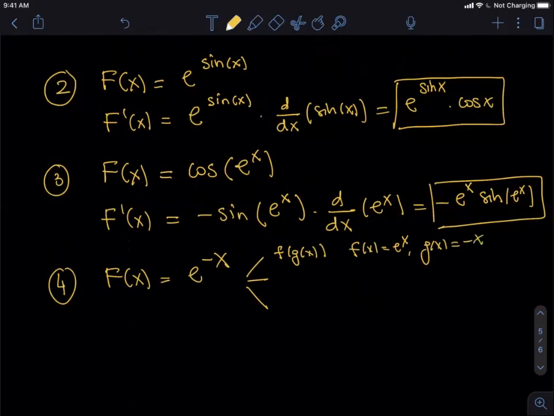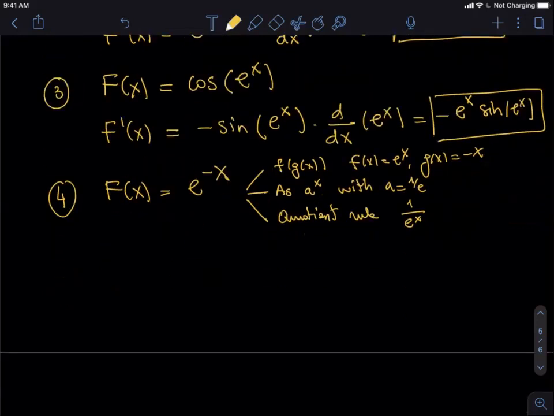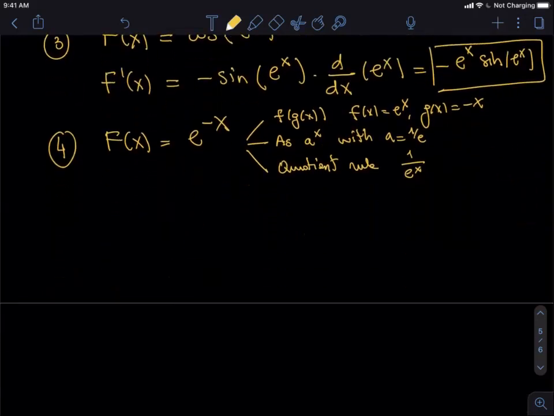We can do it as a to the power x with a equal 1 over e. Or we could do it using the quotient rule, which in this case would be 1 over the exponential of x. All 3 will give you the same result, so I'm going to do the chain rule. You can do the other 2 just for practice.